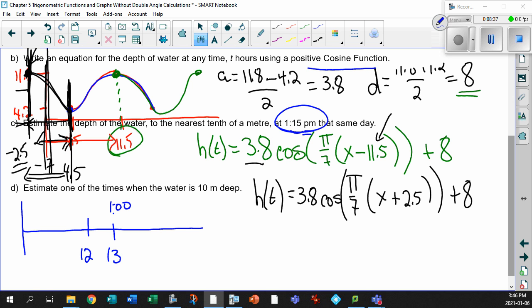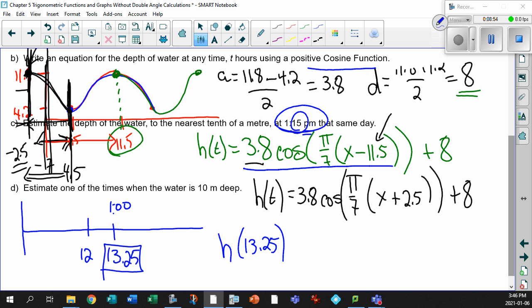And then, of course, it doesn't recognize a quarter of an hour. The only way it recognizes a quarter of an hour, 15 minutes, is if you actually put it in as 13.25. Okay? So you want the height at 13.25 time.